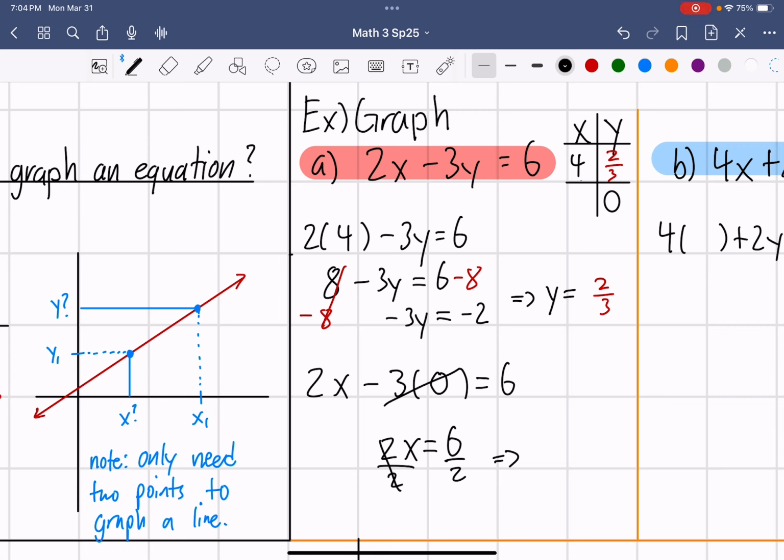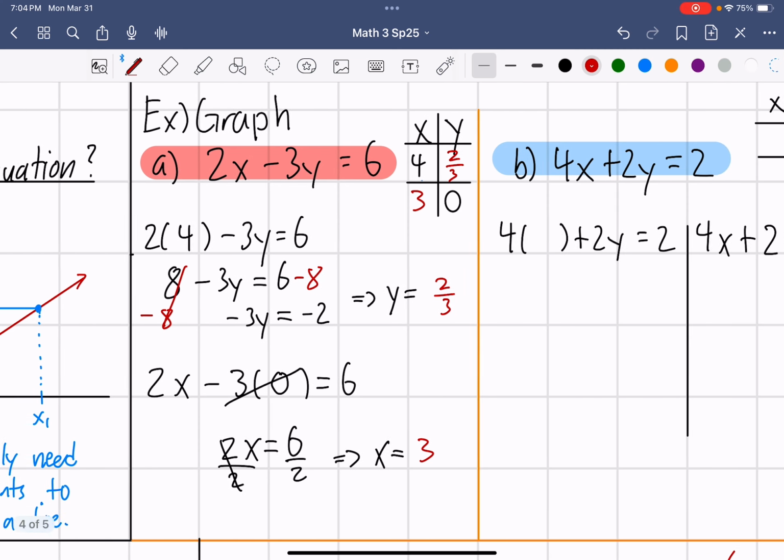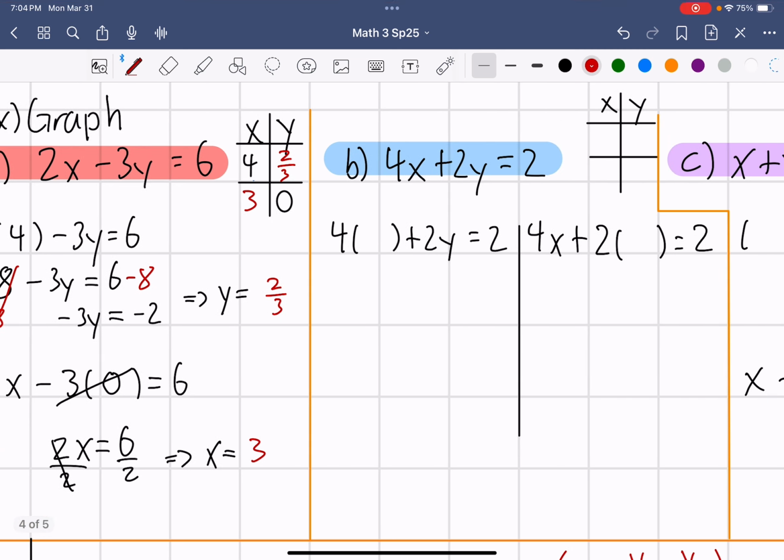And that's going to leave me with x equals 3. And that's all I need to be able to graph this linear equation with just 2 points. Now, if you want to try an example on your own, pause the video and try this next example.